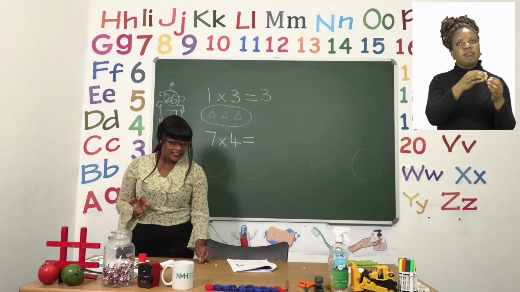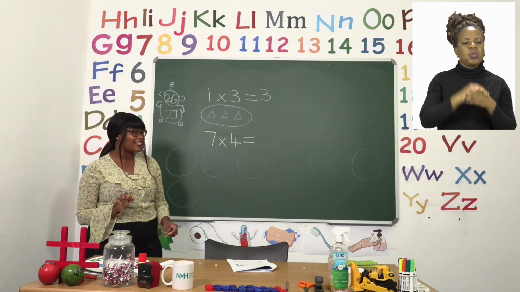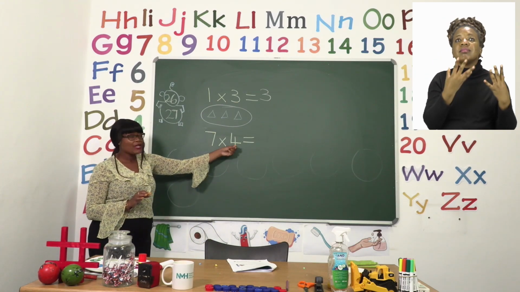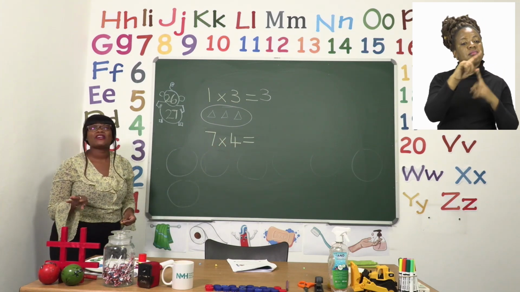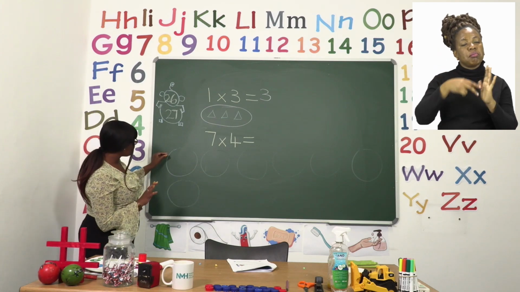Now inside each set, it's telling us to put how many? 4. So that it becomes 7 times 4. So each one is going to have 4. Let us begin.